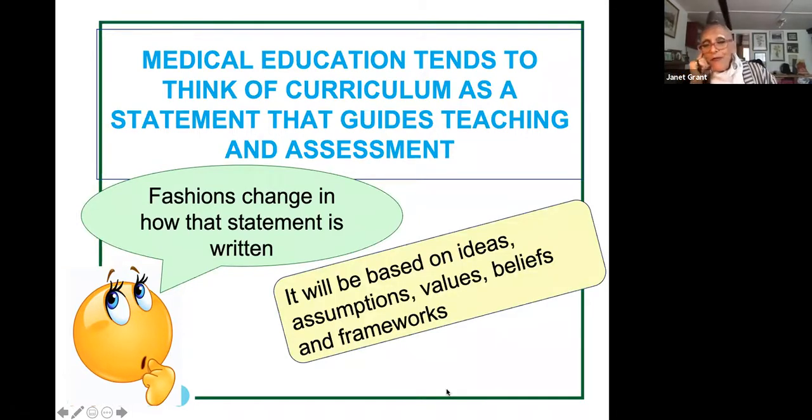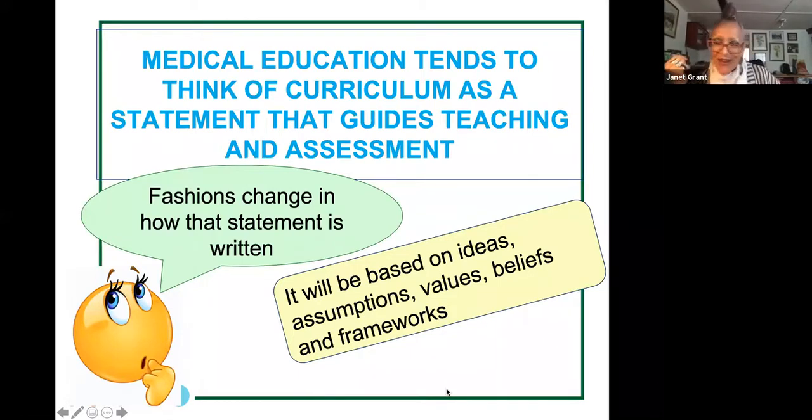So curriculum fashions are based on ideas and assumptions and values and beliefs and frameworks that come from the society as a whole. And I am a developmental psychologist. And if you look at developmental psychology and ideas about how we bring children up, they are almost always reflected in what we think about curriculum.